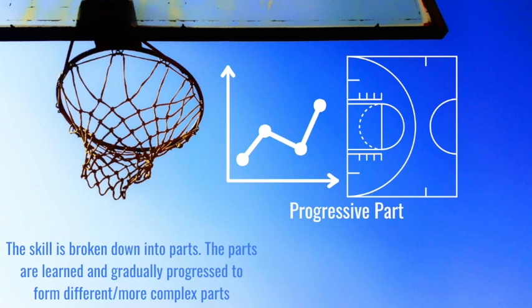We can progress it even further. We can have a defender in there, maybe 2 or 3v1. We can progress it even further, have a short-sided match, 4v4, 5v5, and then finally we're ready to go back into the whole skill, 11v11, and passing is the focus of our 11v11. And that's how you can progressively work through part of a skill up to the whole skill again.